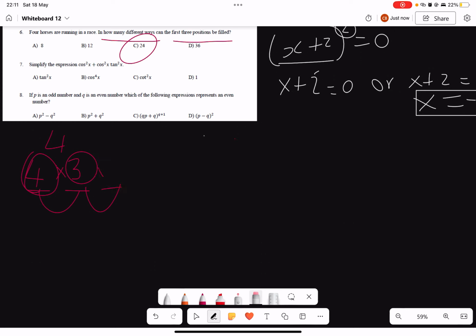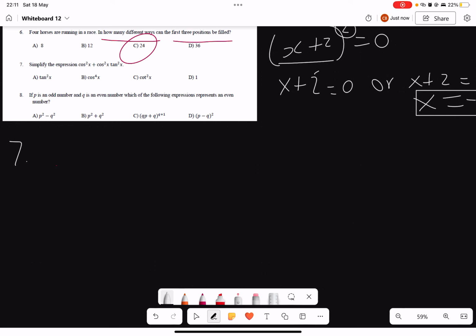Okay. Awesome. And then now let's do 7. Simplify the expression cos squared x plus cos squared x times tan squared x. Okay, let's see what this simplifies into.